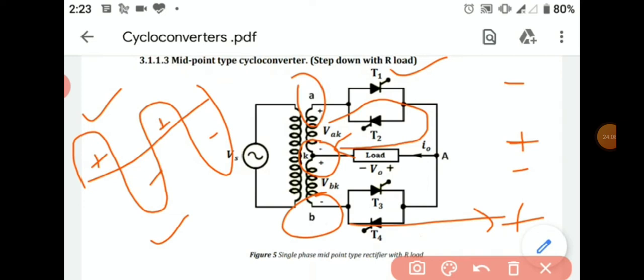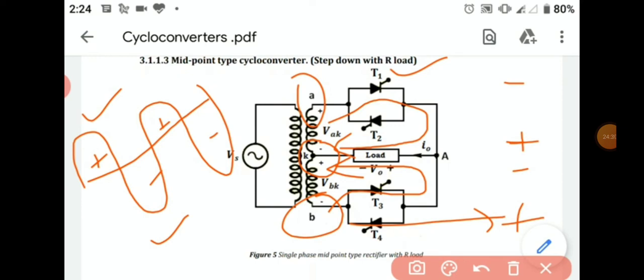So the current from point B, that is from positive potential, through the thyristor T3 and through the load will start flowing like this. So the current from positive potential will end at the negative potential.